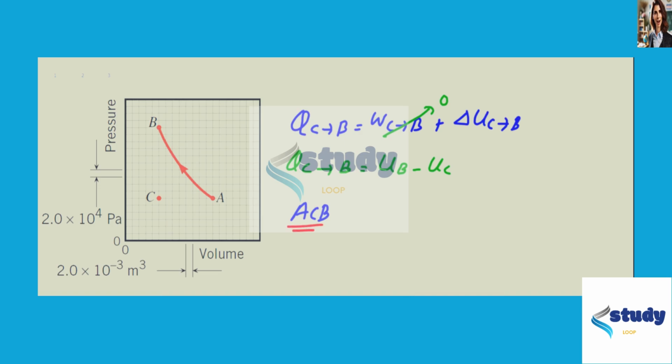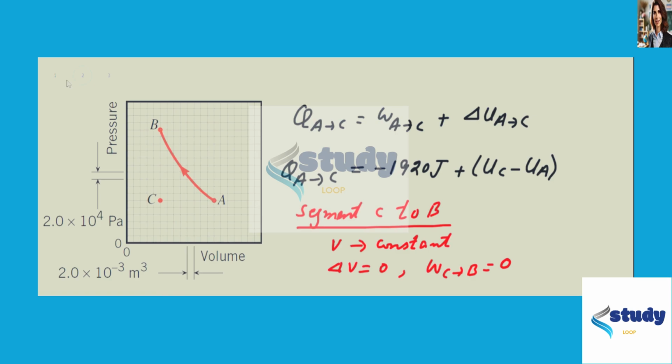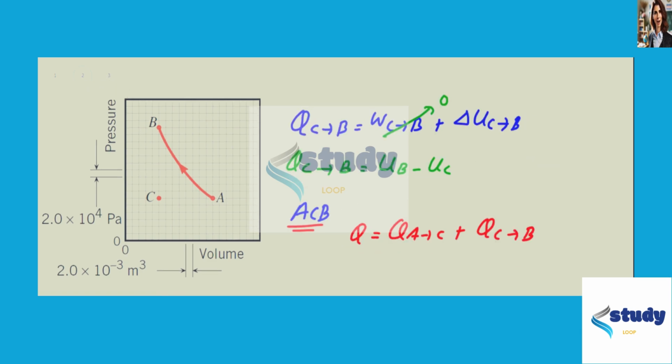So for the process ACB, net heat is equal to heat released or absorbed in the segment A to C plus heat released or absorbed in the segment C to B. As in the segment A to C, heat released or absorbed is minus 1920 joule plus internal energy at point C minus internal energy at point A, and Q from C to B is internal energy at point B minus internal energy at point C.